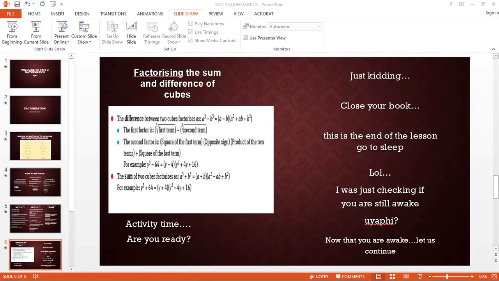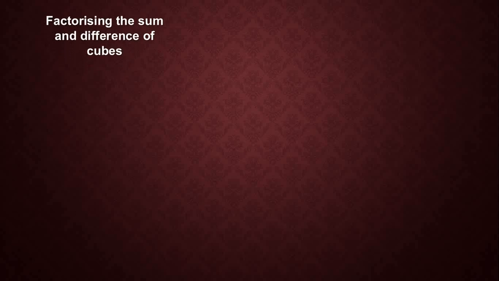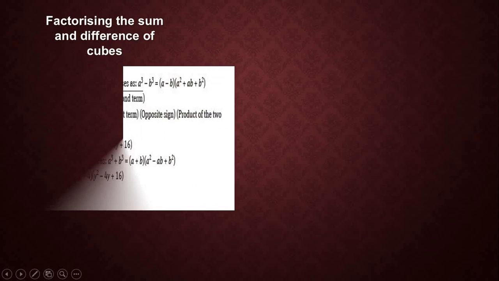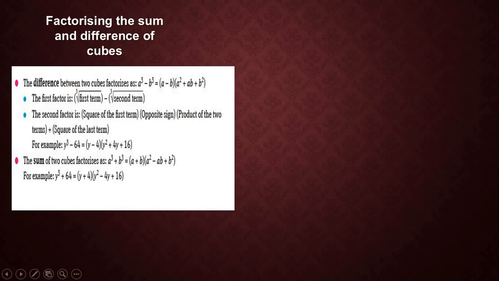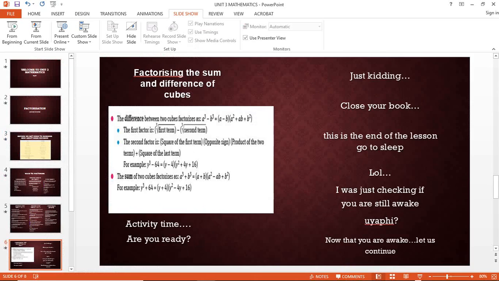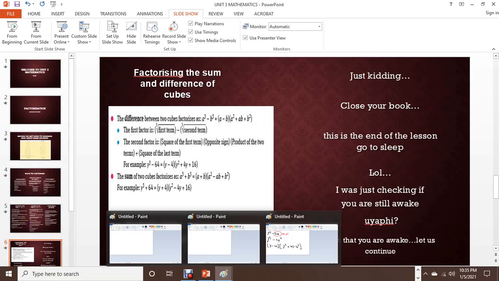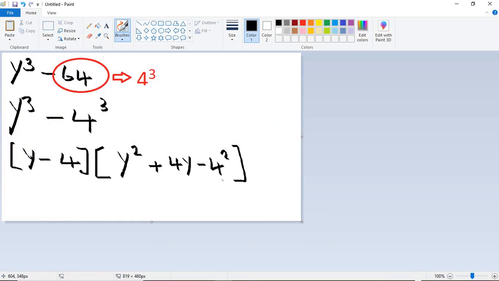Let's go back to our slides very quickly, and then let's just work with what we have already. Perfect. So from here, with the example that we just did in that Paint, don't be alarmed, because obviously 4 squared is equal to 16.